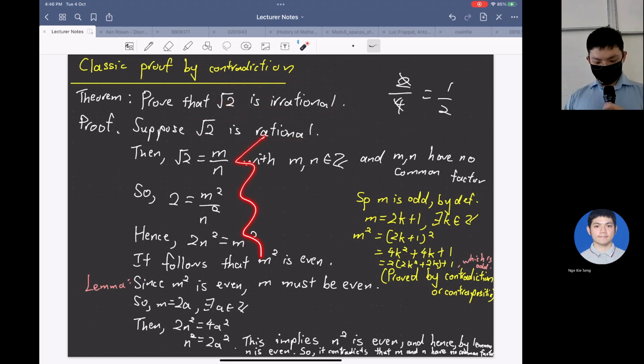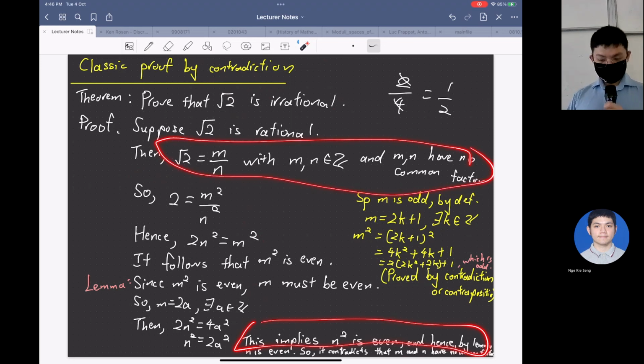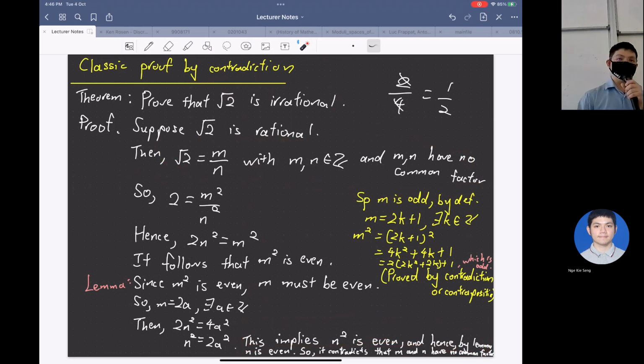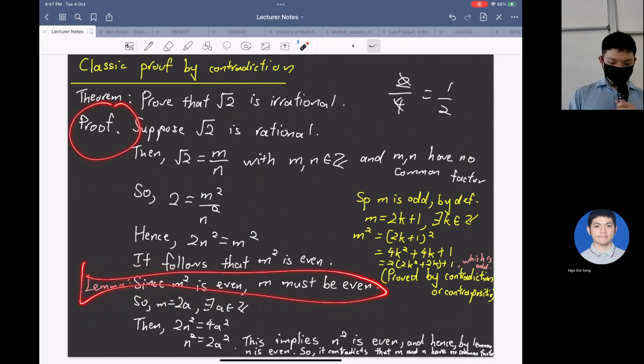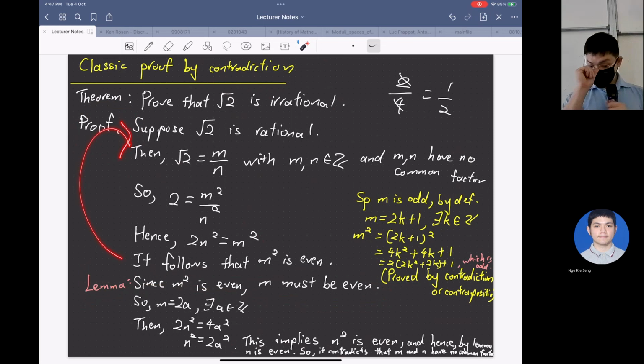And then you go along and you find out that your proof in the end contradicts your assumption. This is proof by contradiction. And you will see a small result being proved inside the proof. So this lemma gets used inside the proof of the theorem.